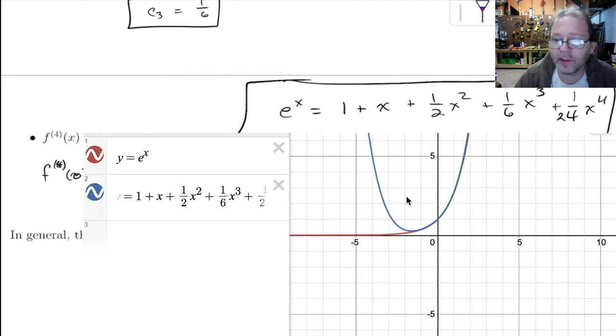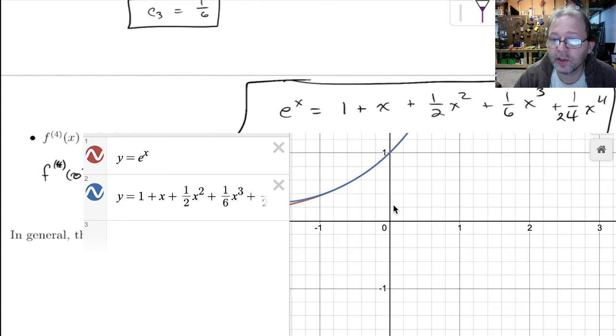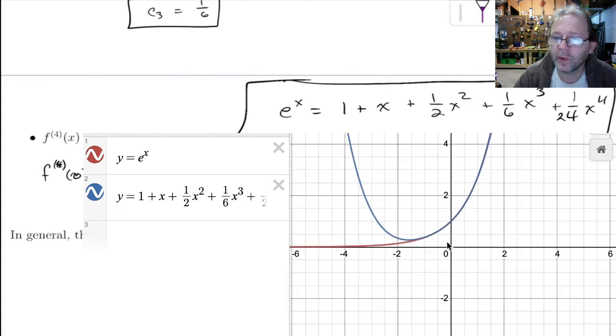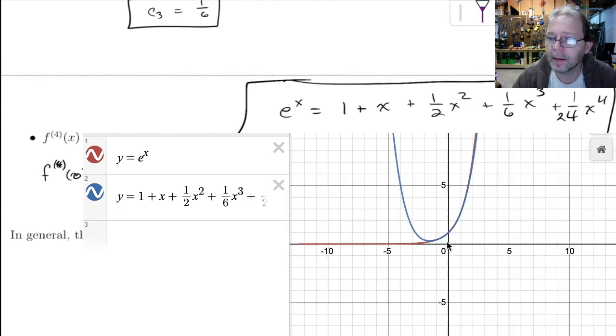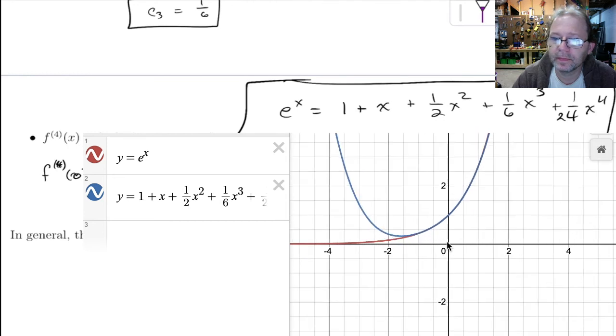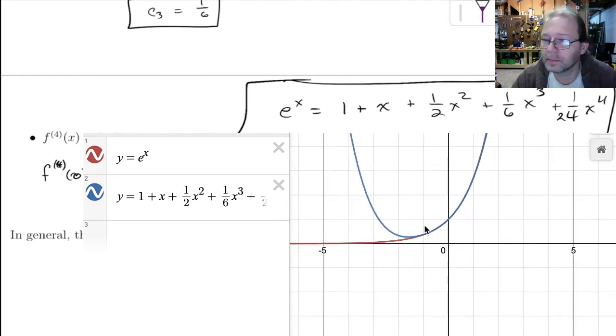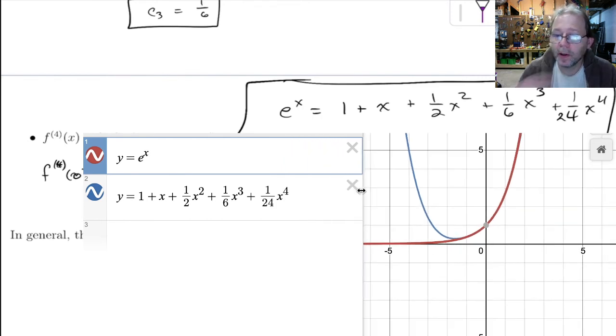If you look at that, this looks like a pretty good approximation, at least for a while. Right here in the middle, these two functions are right on top of one another. So this is a good approximation. Of course, the red function is an exponential, and the blue function there is a 4th degree polynomial.